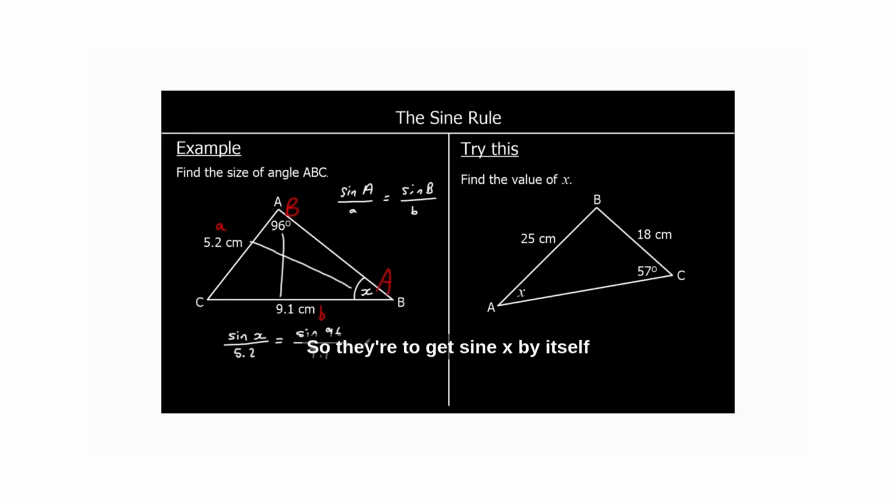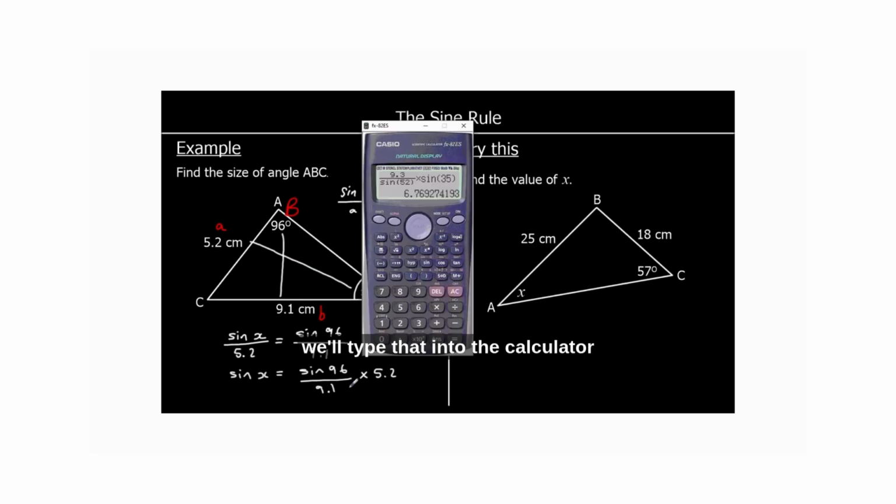So we're going to get sine x by itself by multiplying both sides by 5.2. So sine x is equal to sine 96 over 9.1 times 5.2. So we'll type that into the calculator and we'll get our answer for sine x.